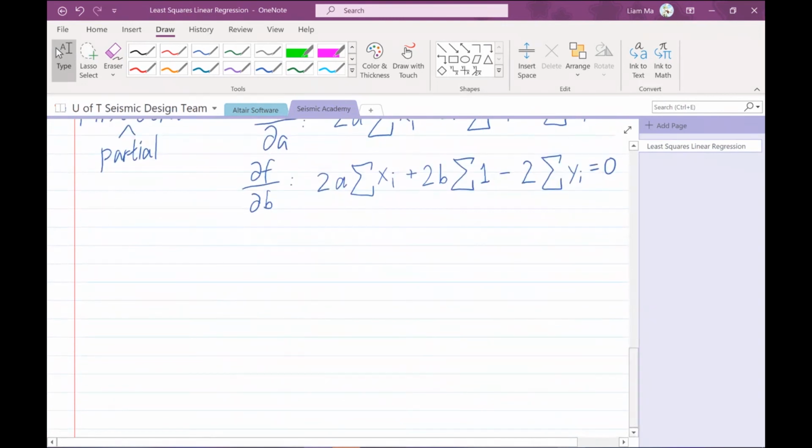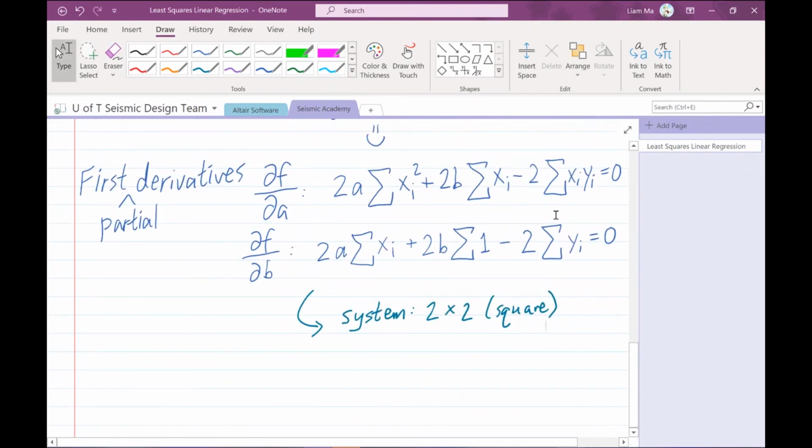And so the moment of truth is the system that we get is 2 by 2, and it's called a square. And what this means is you can actually solve it. Solutions exist.